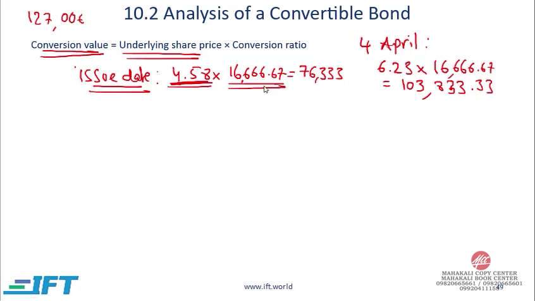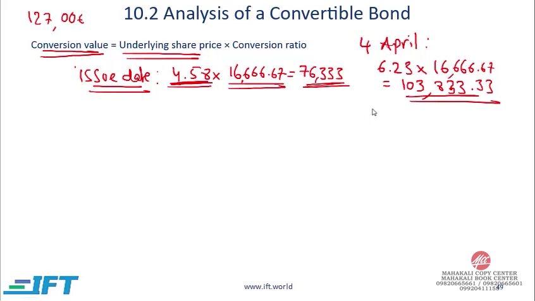This is the number of shares that a bondholder would get, and that gives us this number. On 4th April, the share price has gone up, so the conversion value goes up. The conversion value represents the value if the bondholder converts into equity.